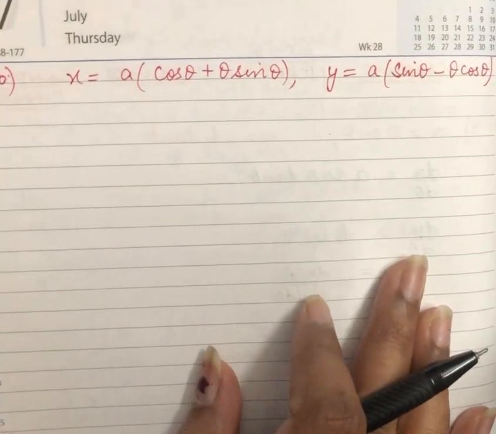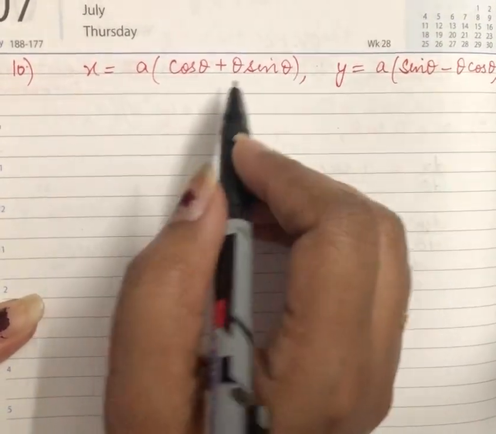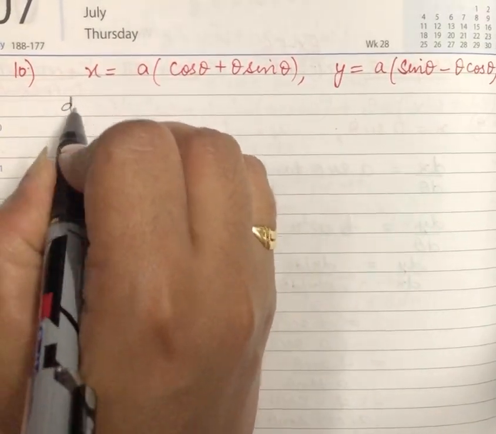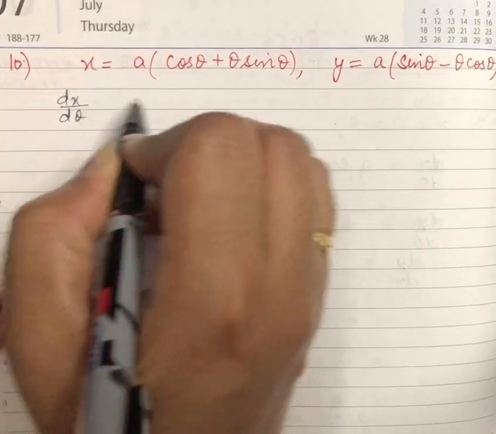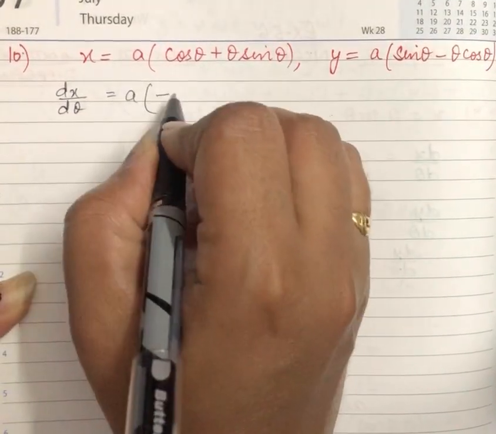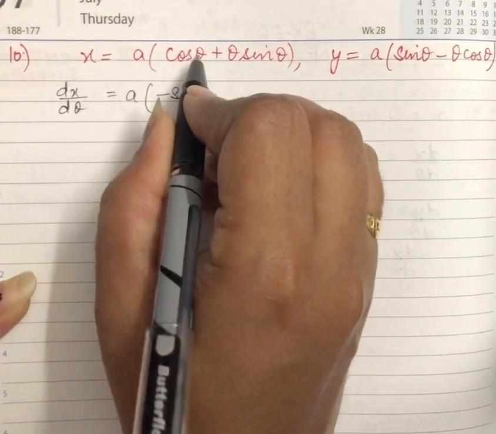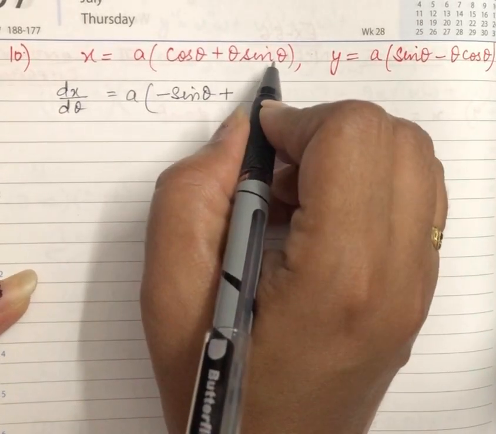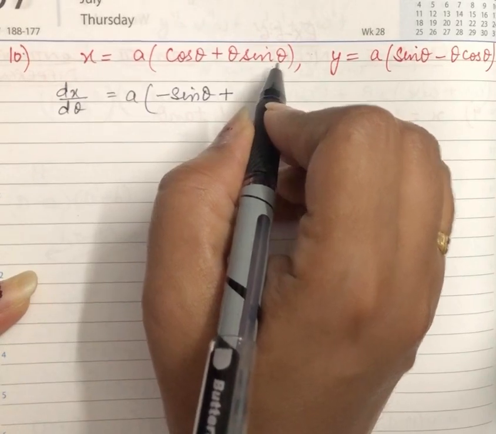Now in the 10th question, x is given to be a bracket cos theta plus theta sin theta. So here dx by d theta will be a bracket minus sin theta, the differentiation of cos theta, plus, for differentiation of theta sin theta, we will apply the product rule.